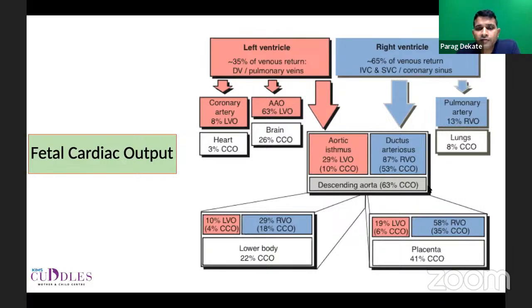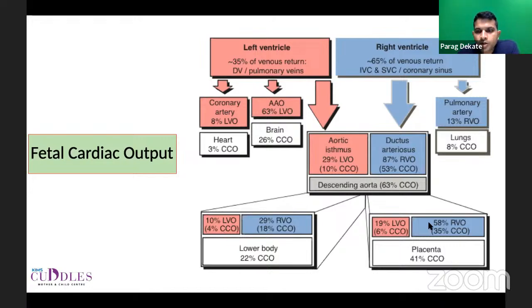So now we have a descending aorta, which is having approximately 29% coming from the left ventricle and the rest coming from the ductus arteriosus and right ventricle, which approximately corresponds to, you can see, out of the 63% of the descending aorta flow, 41%, which is two-thirds, goes back into the placenta, and 22% goes into the lower body, which is again contributed by the right ventricular outflow as well as left ventricular outflow.